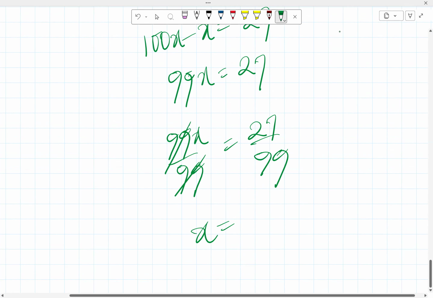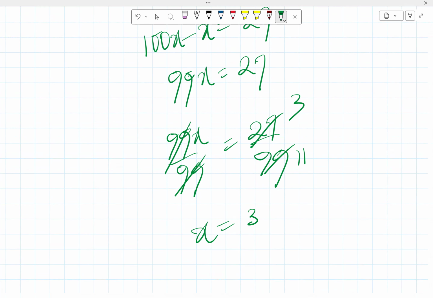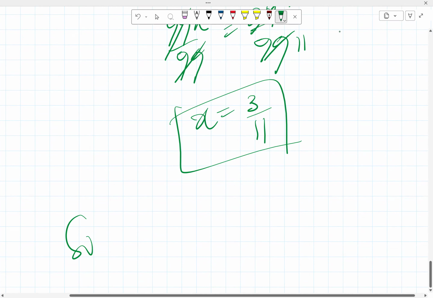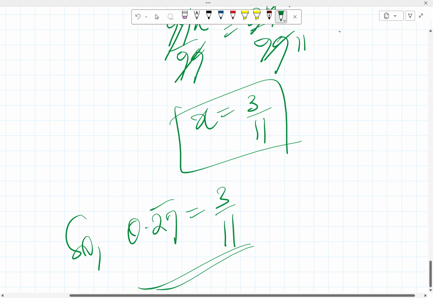So we have x is equal to, here now, 9 goes here 3 times, 9 goes here 11 times. So that's 3 over 11. And so 0.27 bar is equal to 3 over 11. Okay, so that's why 3 over 11 gives you 0.27 bar. So you can always do this.